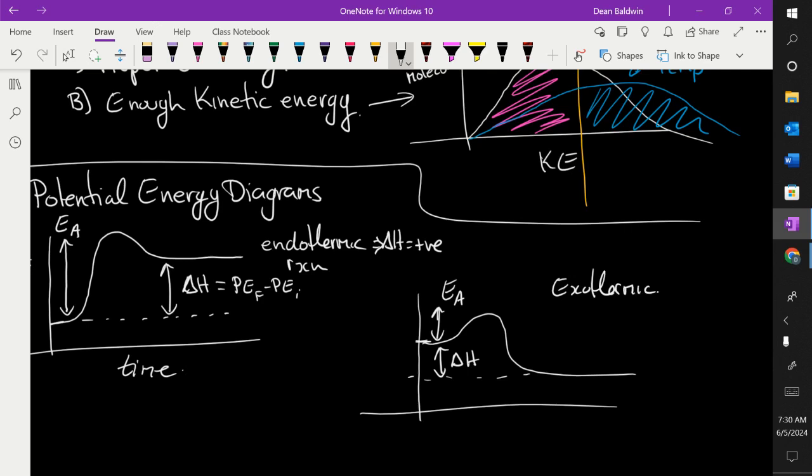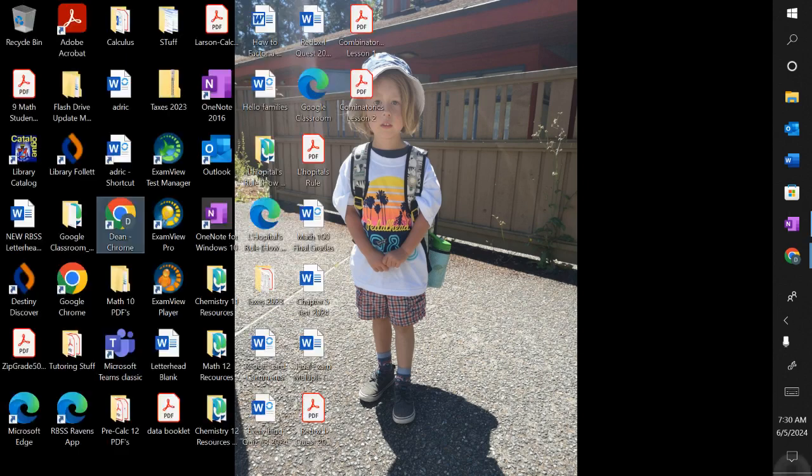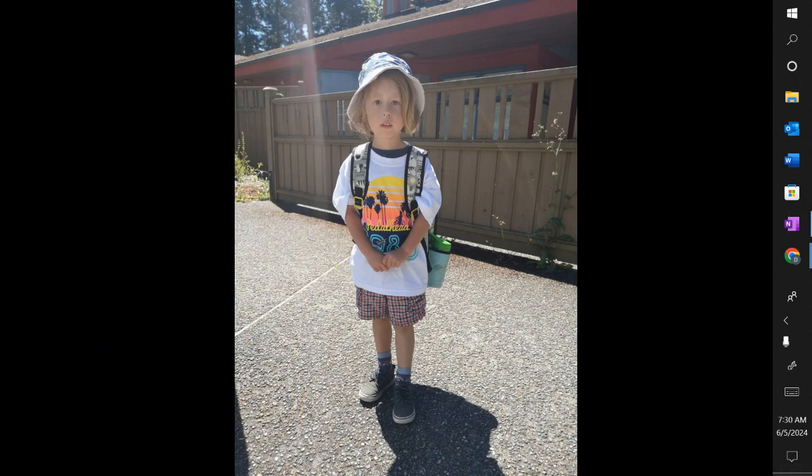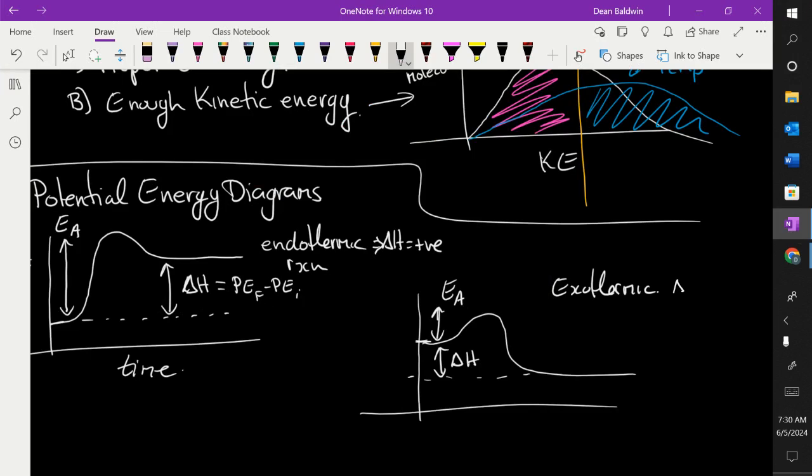Remember, because delta H is final minus initial, it's low minus a higher number. We get a delta H that is negative for exothermic. They release energy. These are your explosions. And remember, at the peak here for both of these, this is the activated complex, which is highly unstable, doesn't sit around for very long, and then degrades into the products.